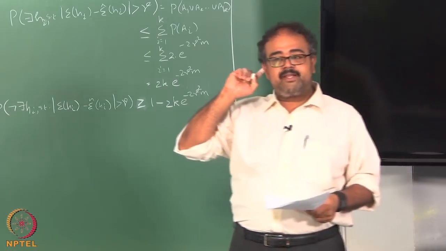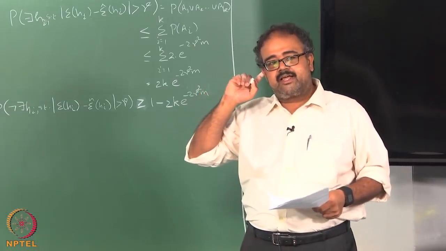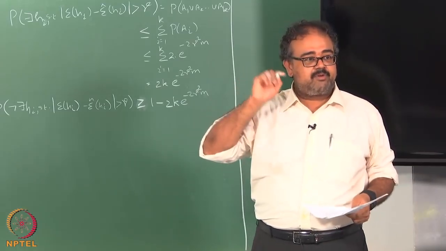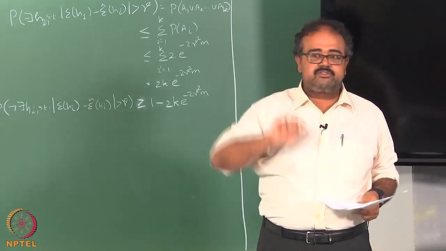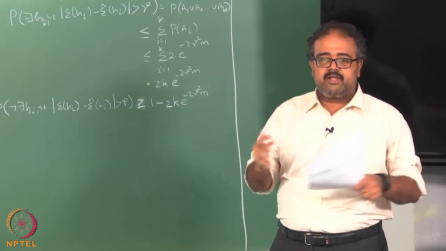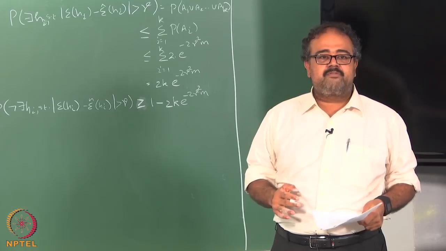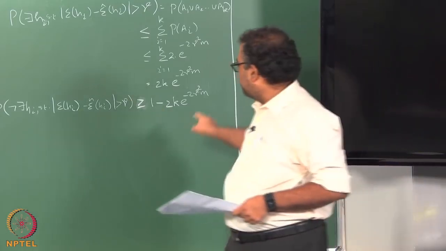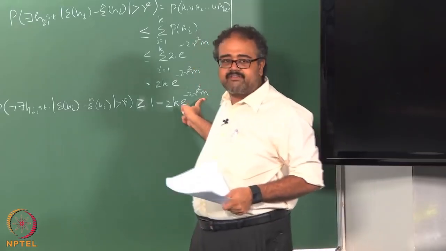Whether my empirical error is close to the generalization error. I am not talking about the best generalization error; I am talking about whether my estimated error is close to the true error. So how many samples should I draw before I can give some guarantees on the performance of the estimator? I want to solve for m.